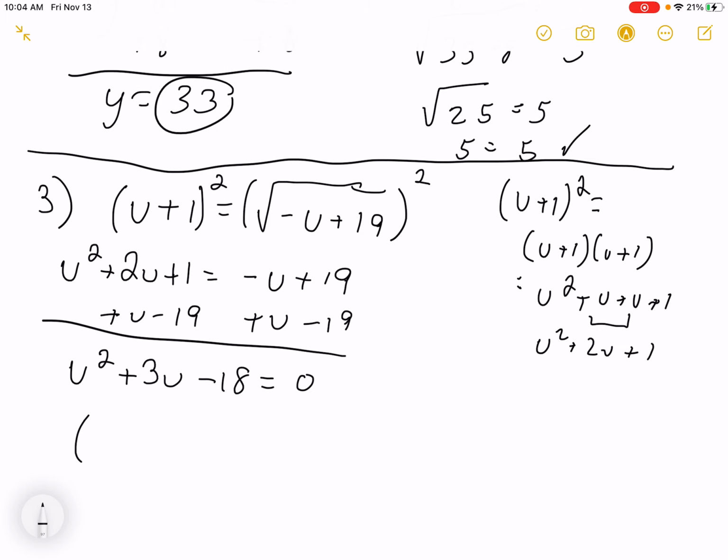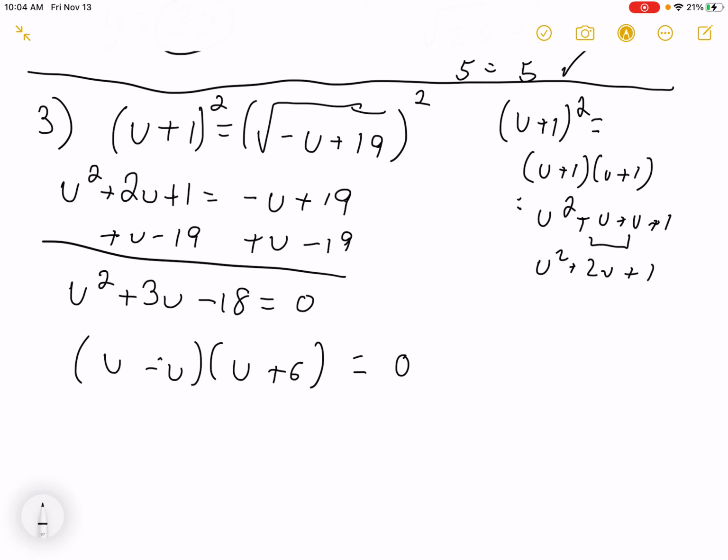The left side will factor as u, and then the pair that'll make the 3 is 6 and 3, because 9 and 2 won't make a 3, and 18 and 1 certainly won't. So we're going to need a positive 6 and a negative 3.